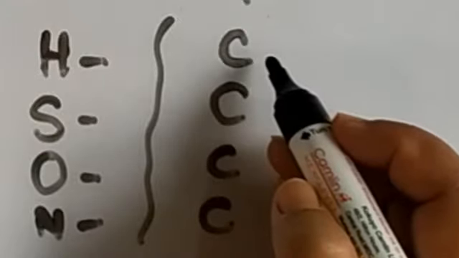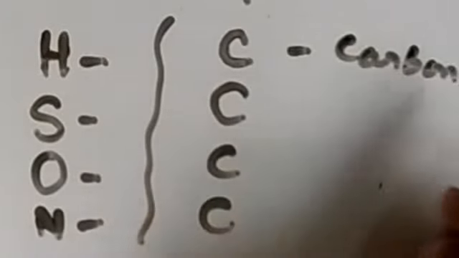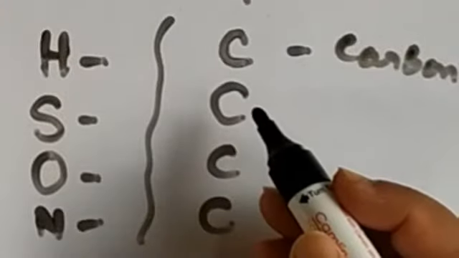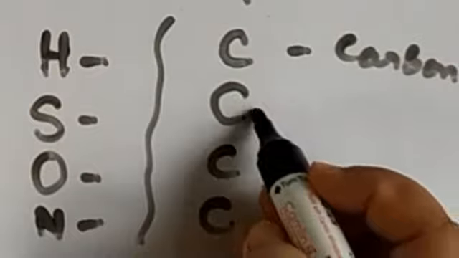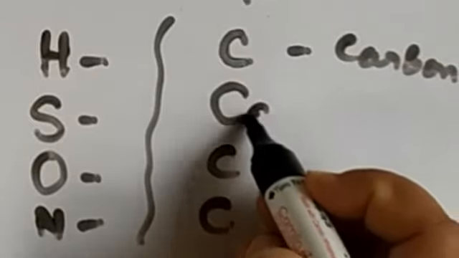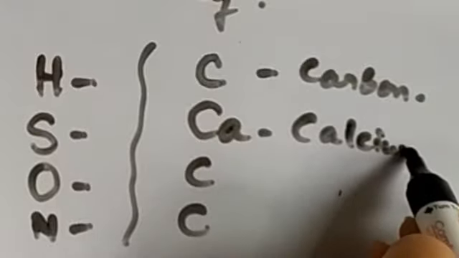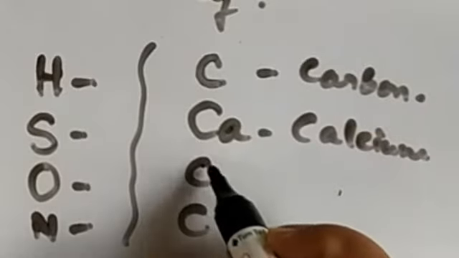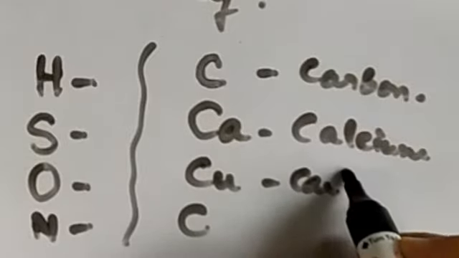If I write C, then it is understood that it is carbon, because the single C is the short abbreviation of the carbon element. Now if I write capital C and small a, it is understood that it is calcium. And if I write capital C and small u, it is understood that it is copper.